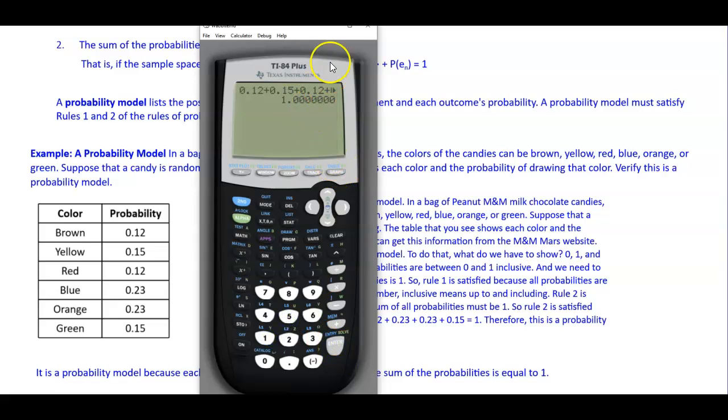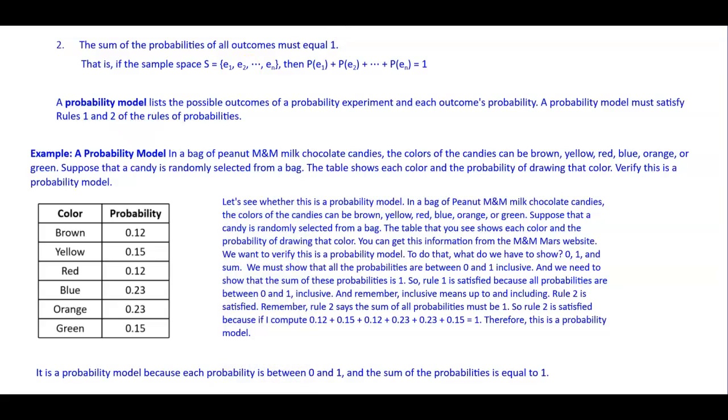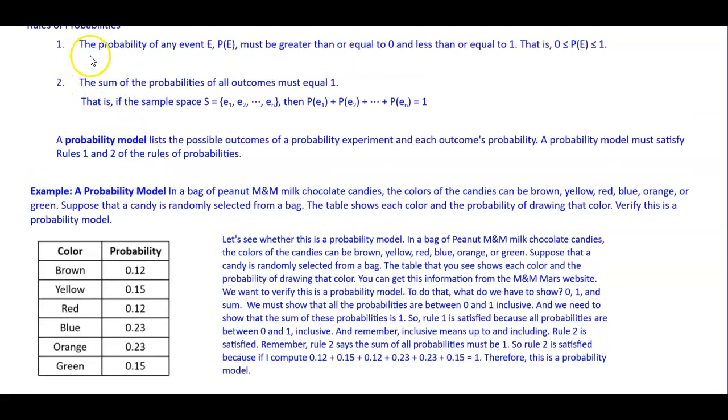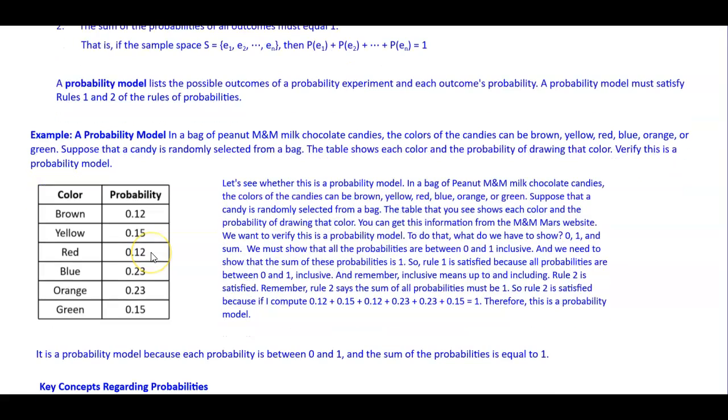Okay, and that equals 1. So we can see here that when we compute that, the value is equal to 1, therefore this is a probability model because it satisfies rules 1 and 2.